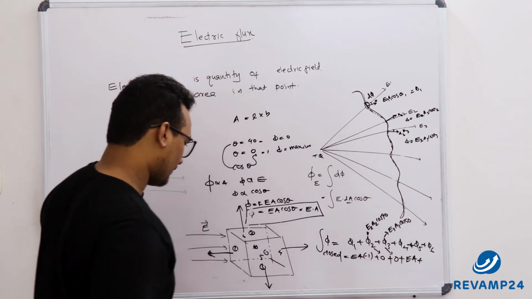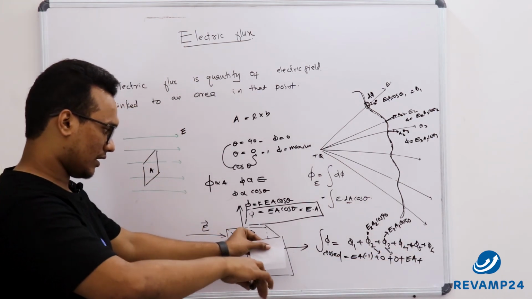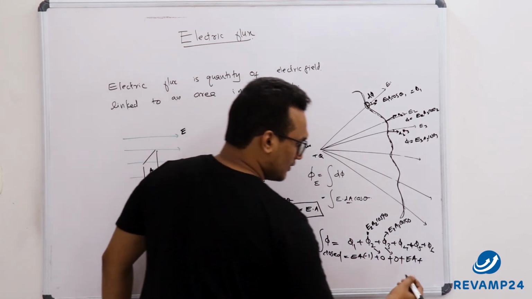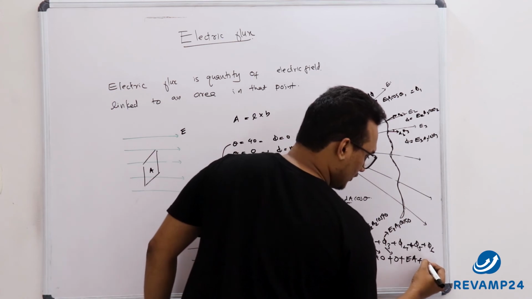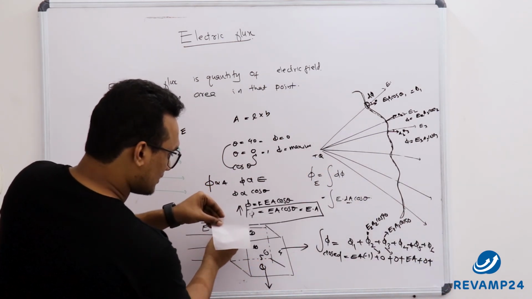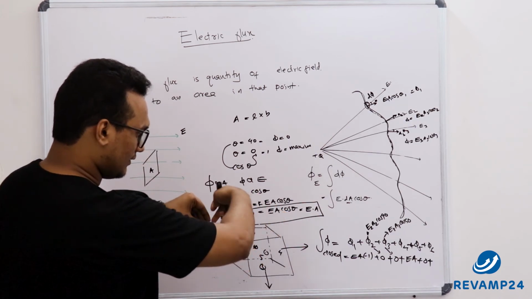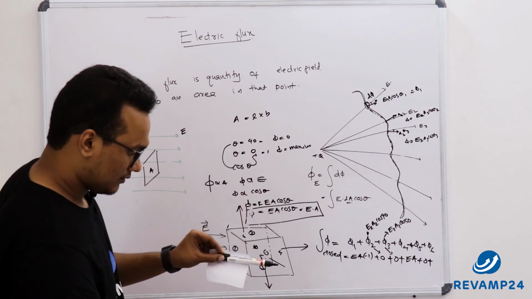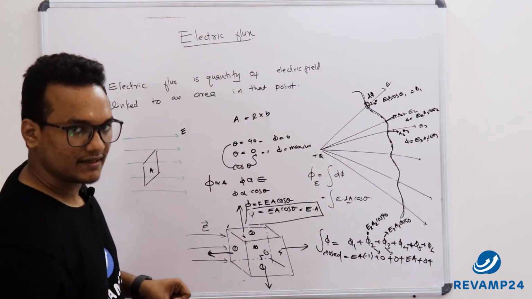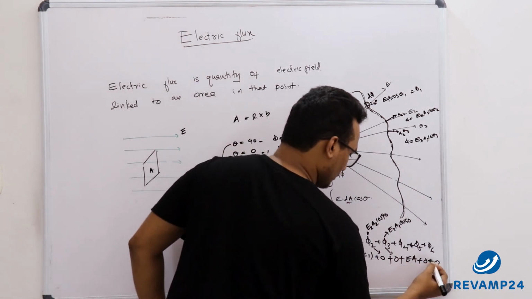Now the fifth surface, this one. See, the area is in this way. The electric field is in this way. 90. Cos 90 is 0. So EA into 0 will be 0. That will be the same case for 6. So this is the area and this is the electric field. The angle is 90. See, this is the angle. Cos 90 is again 0. So this will also be 0.